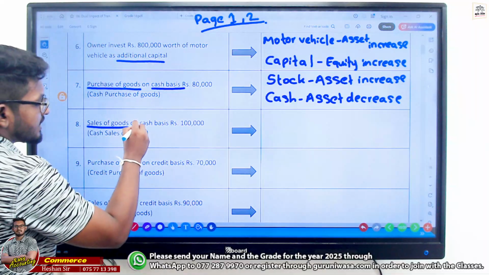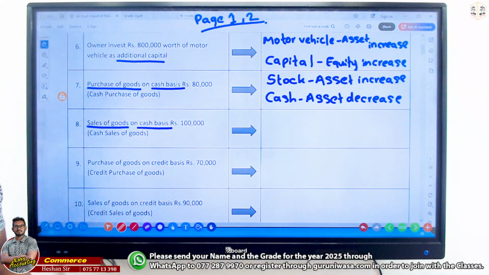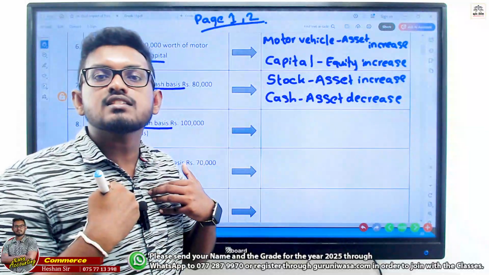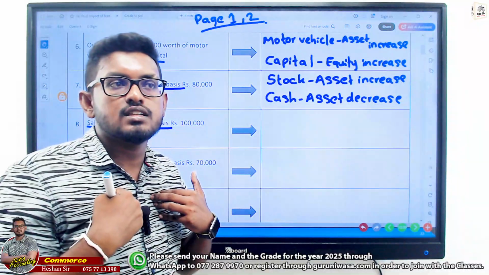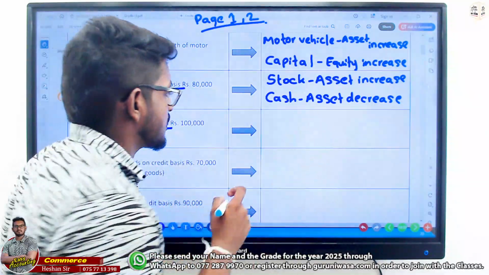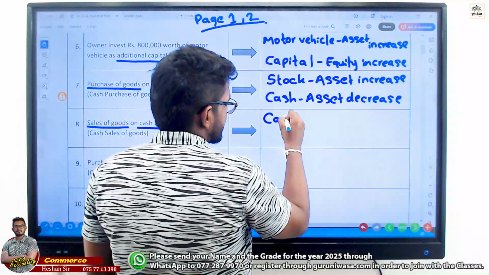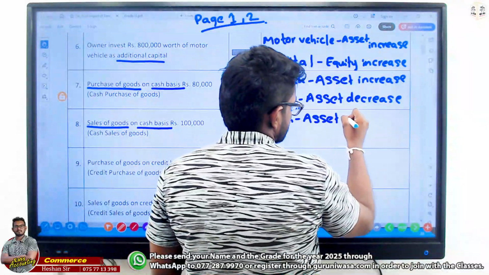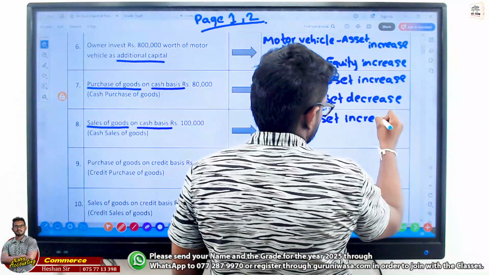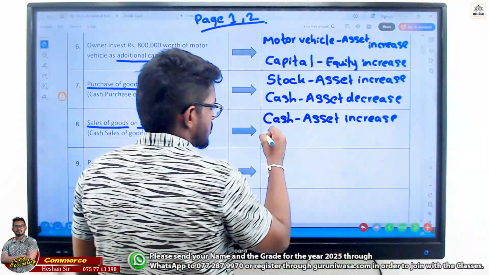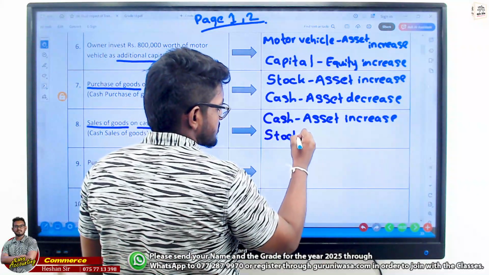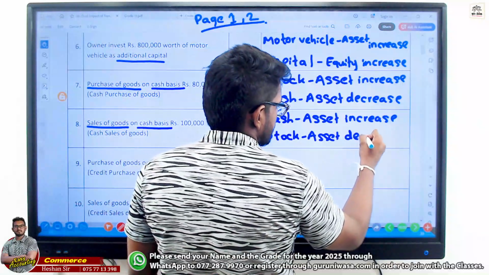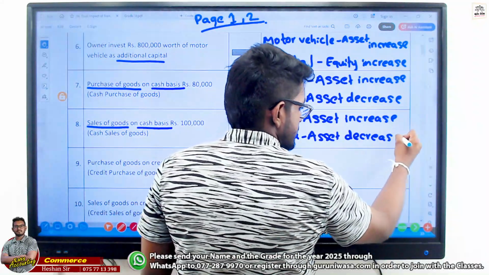Sale of goods on cash basis. When we sell the stocks on cash basis, what does the business get? Cash. Clear? We give stocks. So cash asset increase and the stock asset decrease.